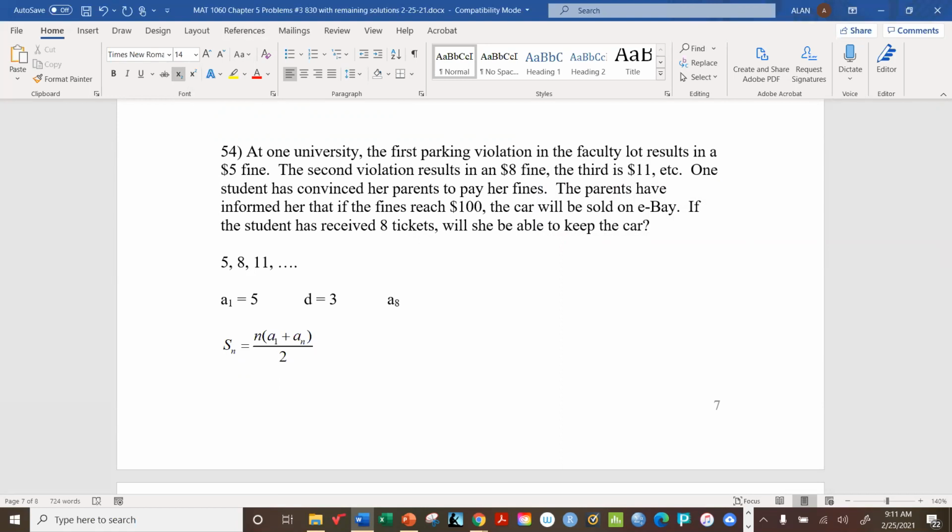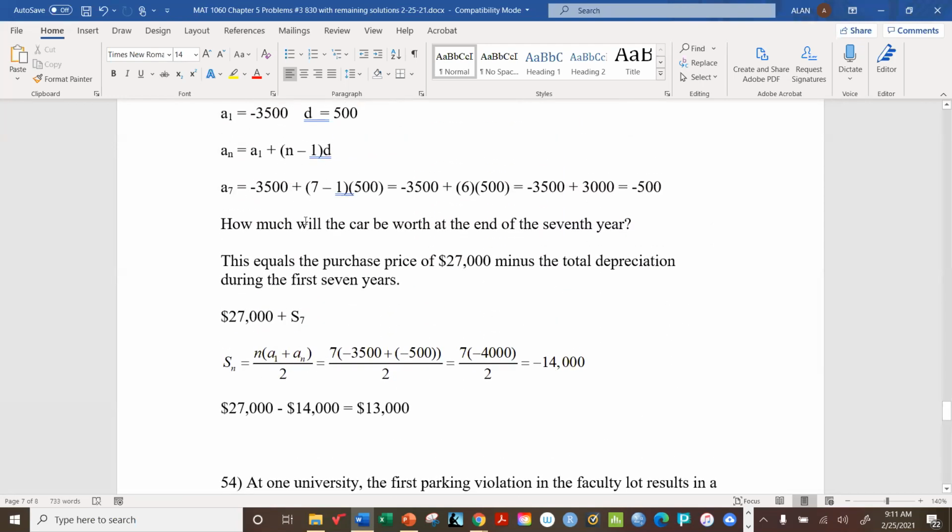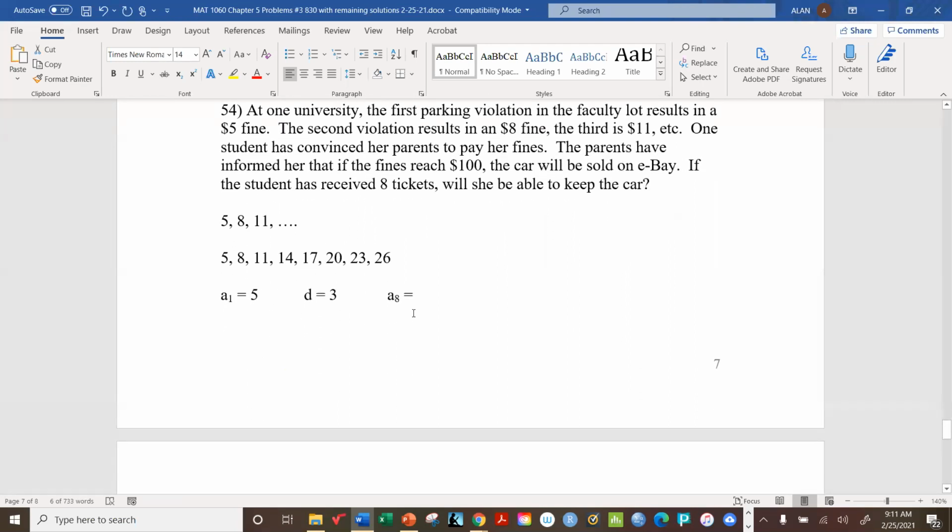So there's a couple of options we have here. We can continue writing these out just to check. So there'll be 5, 8, 11, 14, 17, 20, 23, 26. Okay, so those are the first 8 fines. Now A8 can be found as well with this formula.